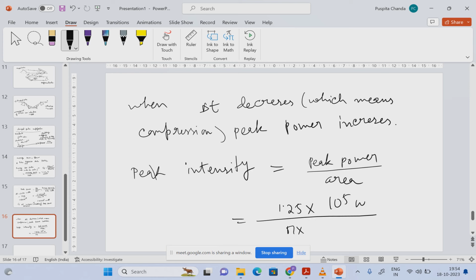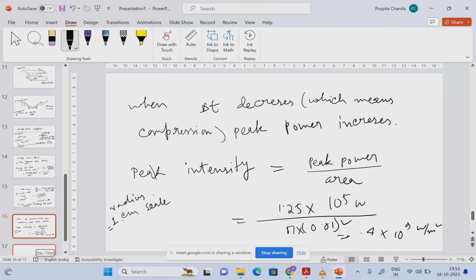Here we have assumed a beam radius, so we have a peak intensity of 4 into 10 to the power 9 watt per meter square.